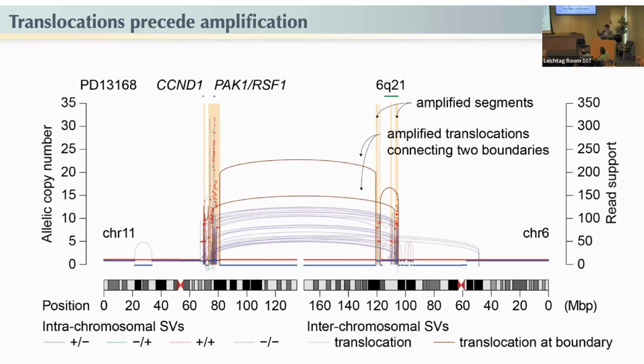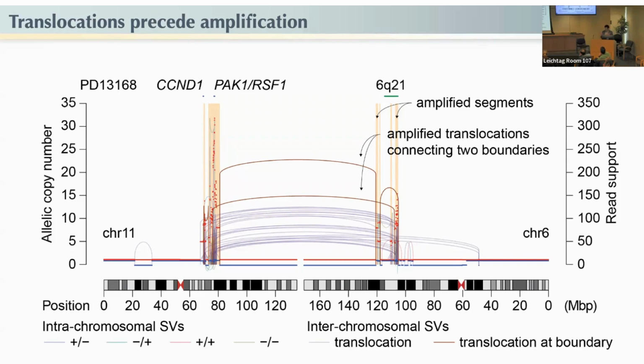So many reads support these translocations. It means that it was actually an early event, okay? The translocation happened, and somehow it got amplified. Not that the amplifications happened, and then somehow they were connected by subsequent events, okay? So that gave us some clue about the sequence of these events. And then the LOH at the bottom told us quite a bit.